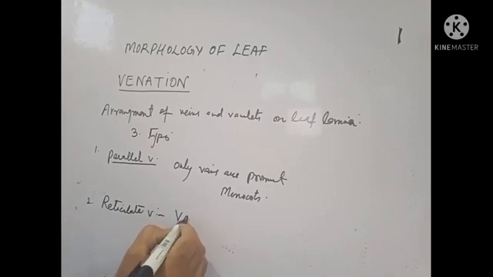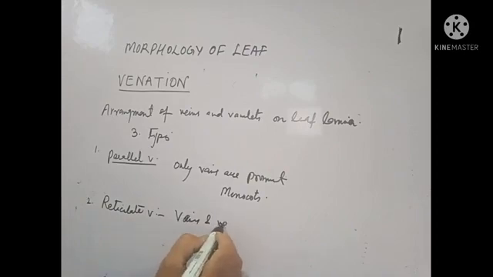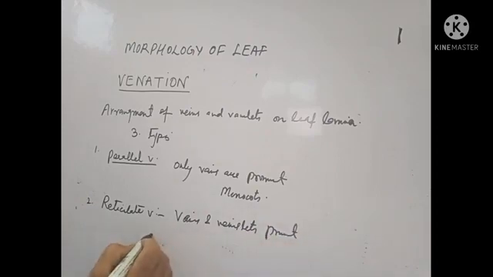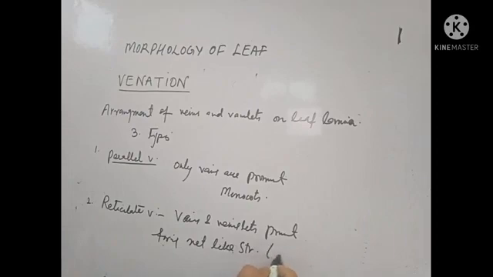Both veins and veinlets are prominent, forming net-like structure. So this kind of venation is found in dicots. Here both veins and veinlets form a net-like structure, and this type of venation we find in dicots.